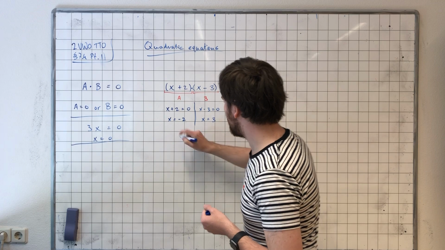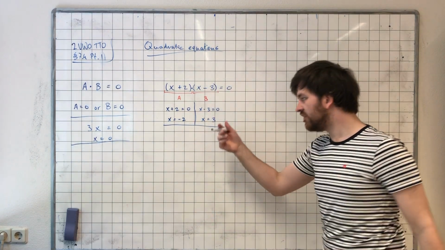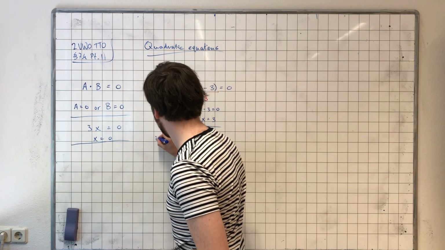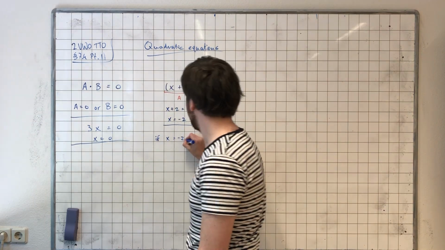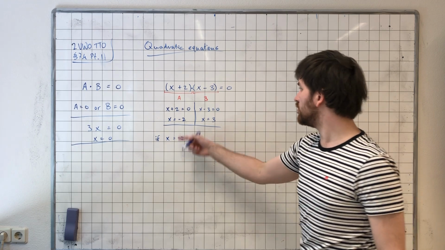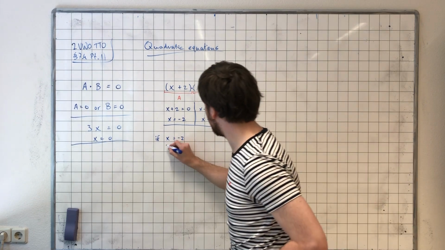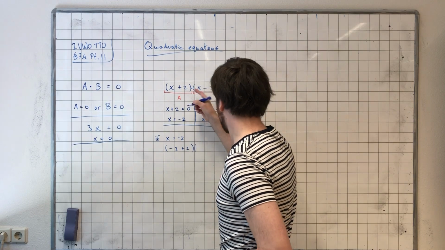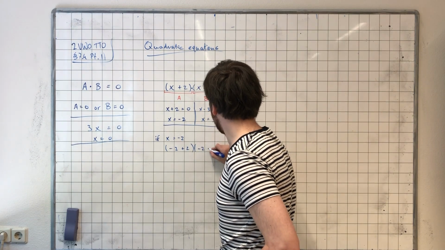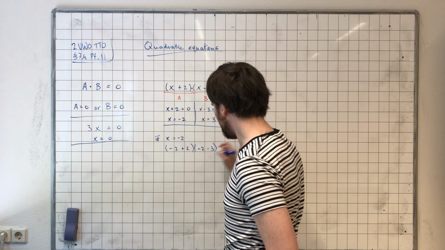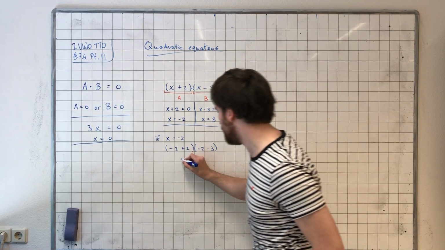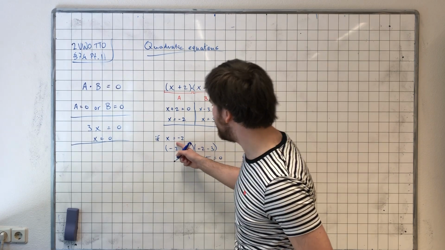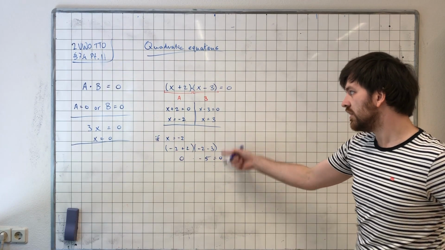Why are these answers correct? Well, let's try and fill in these answers and see what happens. Let's start with x equals minus 2. If x equals minus 2, and we fill it in this equation, we'll get minus 2 plus 2 times minus 2 minus 3. Well, minus 2 plus 2 is 0 times minus 5 is 0. So if we fill in x equals minus 2, the answer is 0.